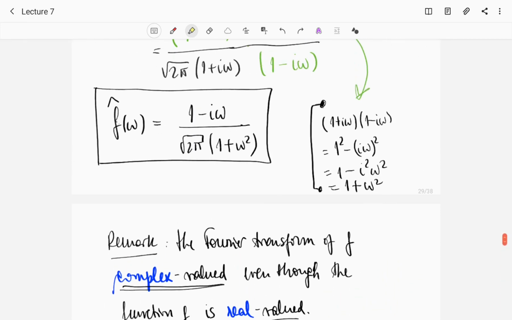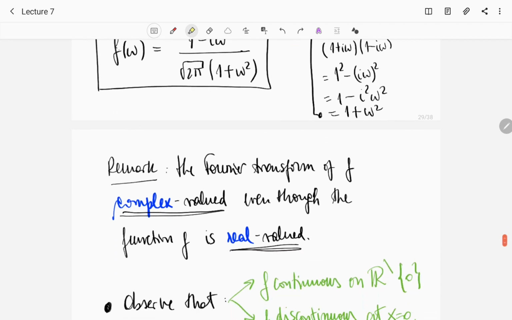What we are trying to say in this remark is that we started with an f that takes real values, but once we Fourier transform it, the expression of the Fourier transform of f doesn't have to take only real values. In this case, we find that the Fourier transform of f also takes complex values. So that's what the remark is trying to say.